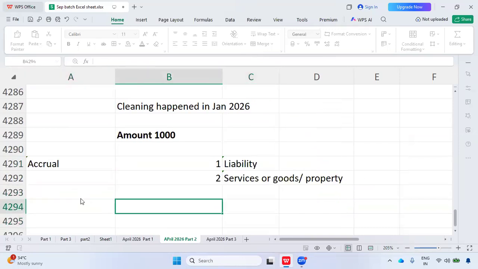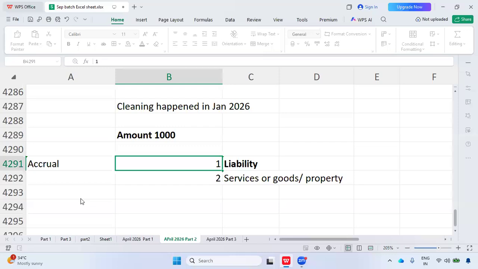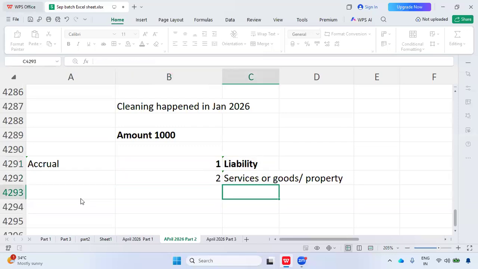So there is one exception. Even though you are not receiving the services or goods immediately, we can claim it as an expense in 2025 itself. But your first condition is mandatory. The first one is mandatory, but for the second condition, we should receive goods, services or property. If yes, then we can claim it as an expense. But for this, we have an exception.